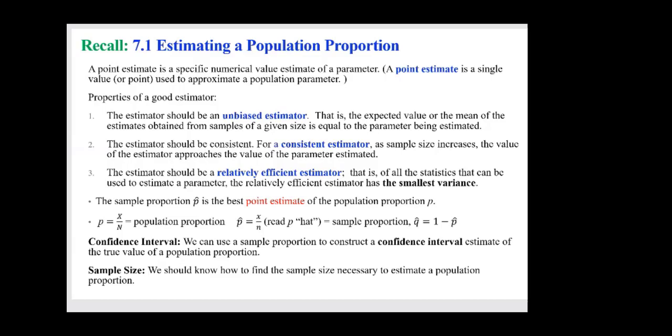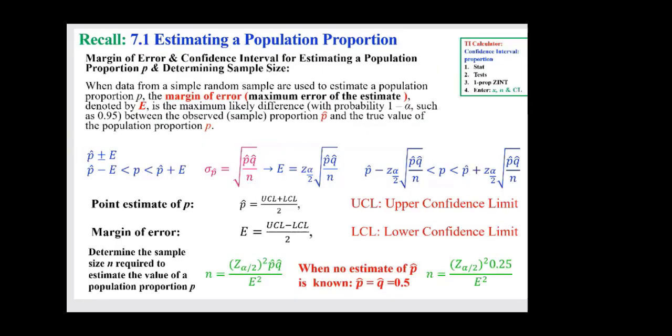P is capital X over N, and P hat is lowercase x over N, and that's the sample proportion. Q hat is 1 minus P hat. So in general, we start from P hat and we go the amount of E, the margin of error, or the maximum error, or the error bound, depending on the text, whatever they may call that, on both sides.